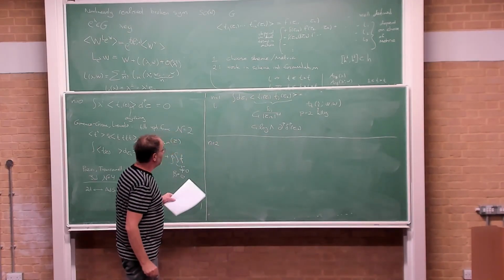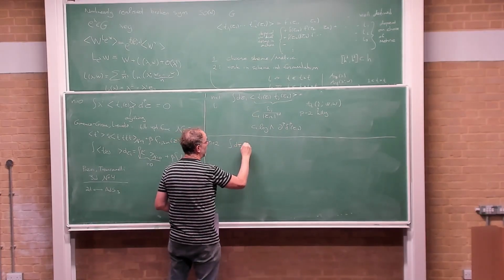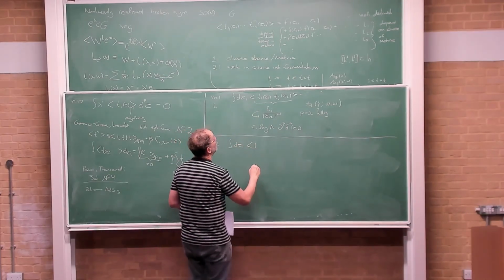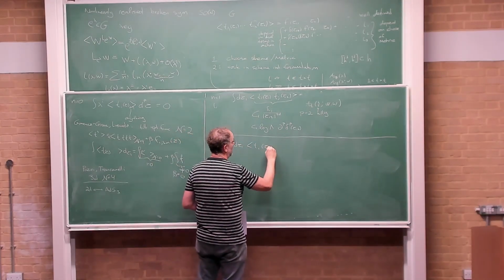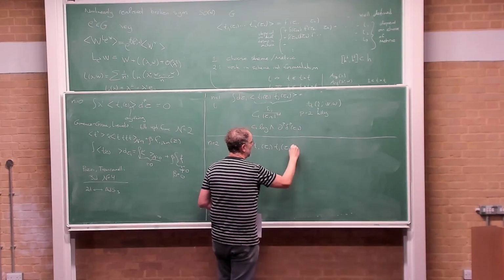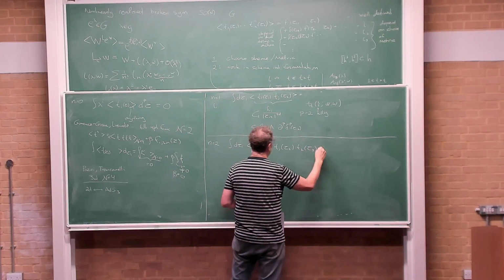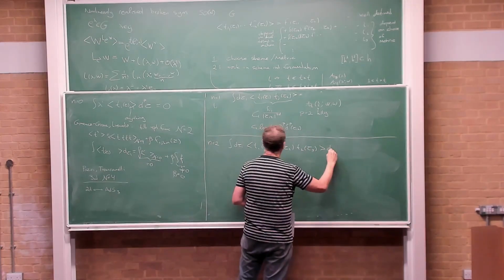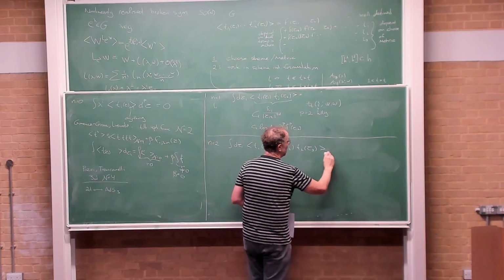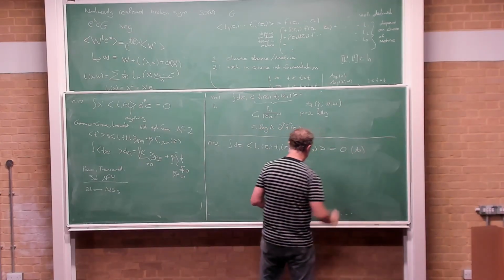So for n equals 2, we have the integral dτ1 of t_i(τ1) t_j(τ2) t_k(τ3). And this is also equal to 0 or an anomaly.